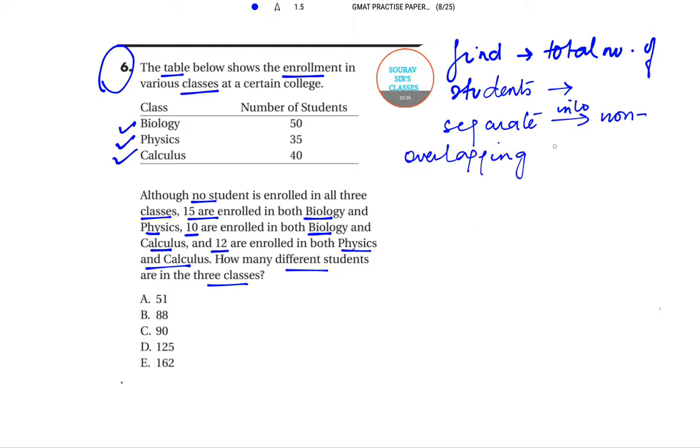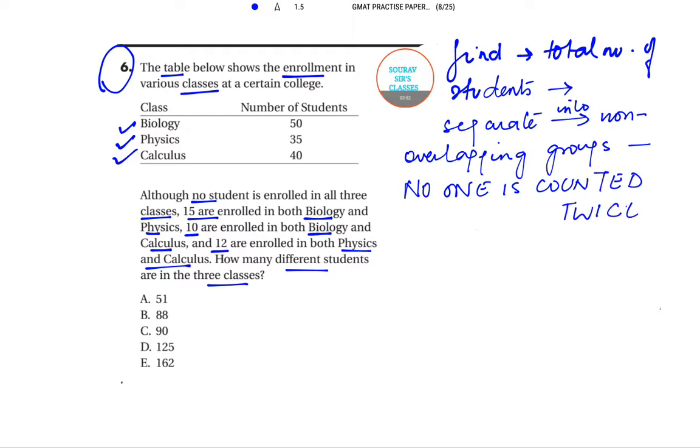Now you must be wondering why we need to do it. We actually need to do it so that no one is counted twice. That means we need to avoid the problem of double counting.